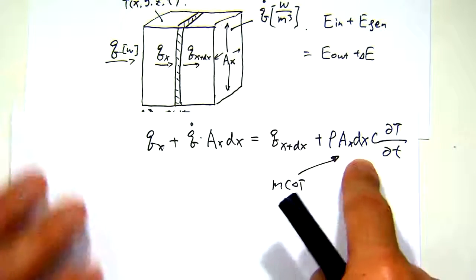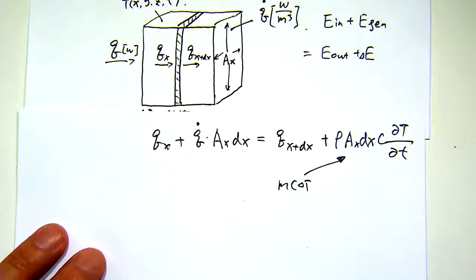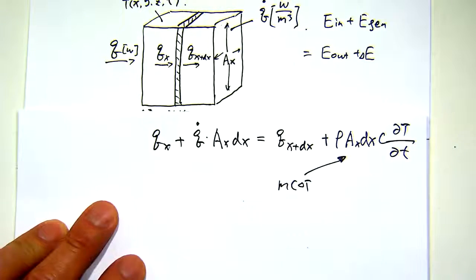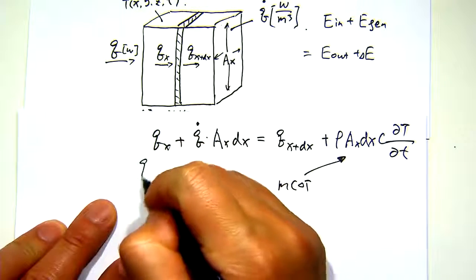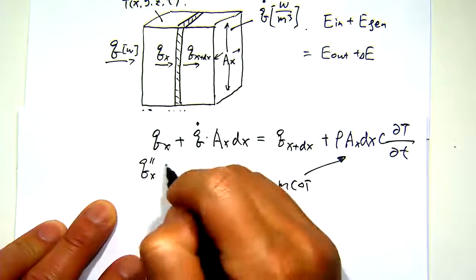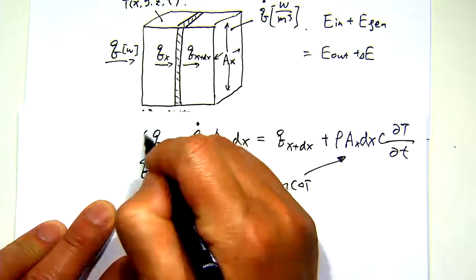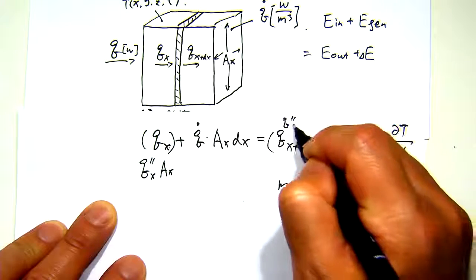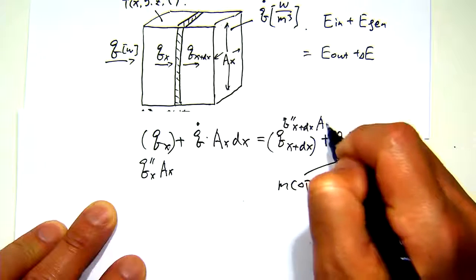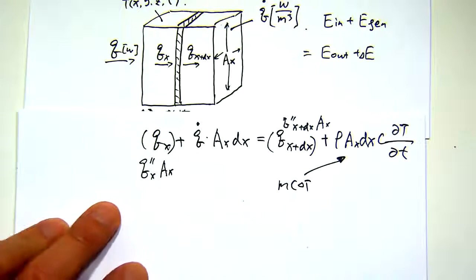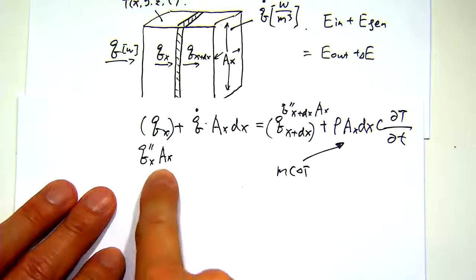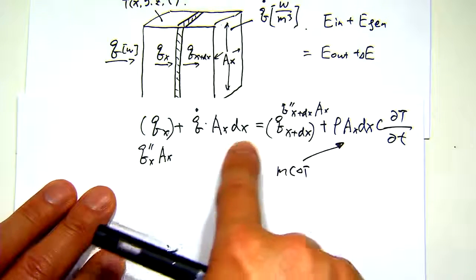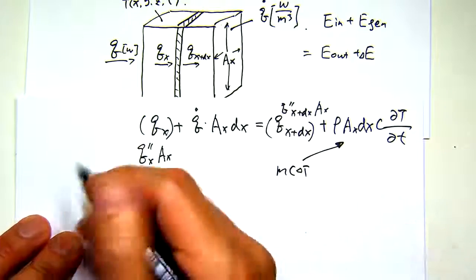Then the next step, basically, I will simplify the terms. I can write this as the heat flux term times the Ax, and this one is written as the heat flux term at x plus dx times Ax, right? And then I divide all the terms by Ax times dx.